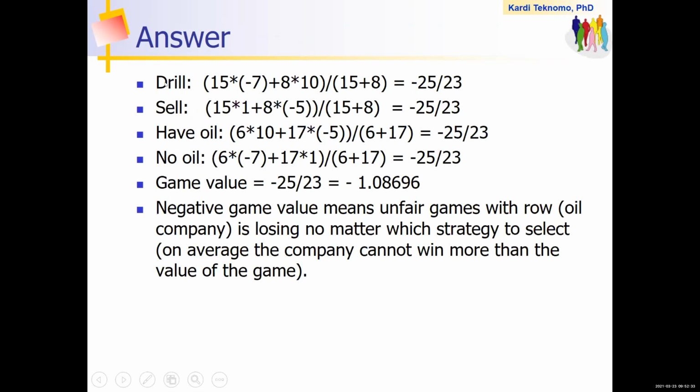For drilling, you get the odds multiplied, and then you get the value of the game. And then for selling, you get the same thing. Once you get the odds or the probability, whether you use only one and the others, you will all get the same game value.